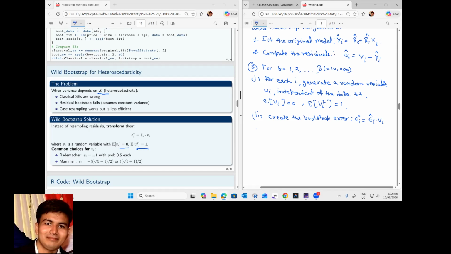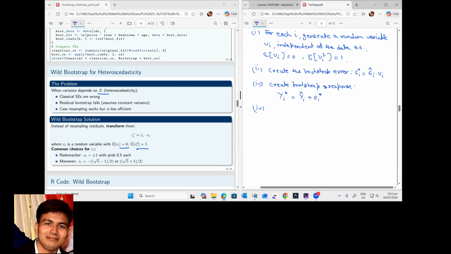In the next part of the third step, create the bootstrap response, that will be yi star equals yi cap plus epsilon i star.